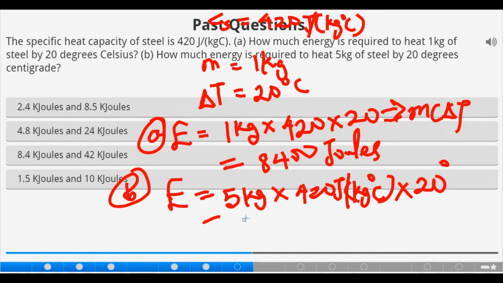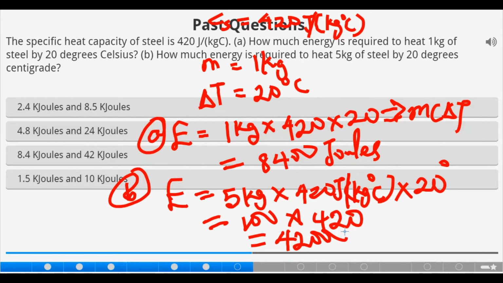So with that, 5 times 20 is 100, times 420. Sorry, that will be 42,000 joules. Don't forget that 1,000 joule is equal to 1 kilojoule. So this is equivalent to what?